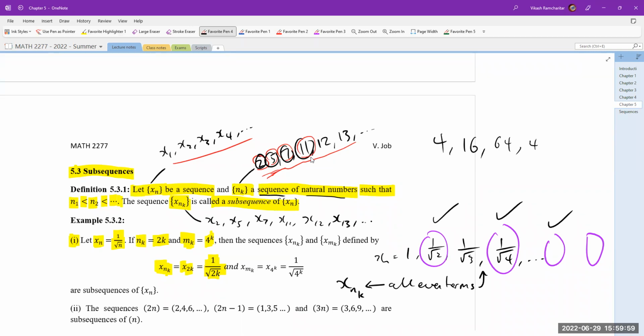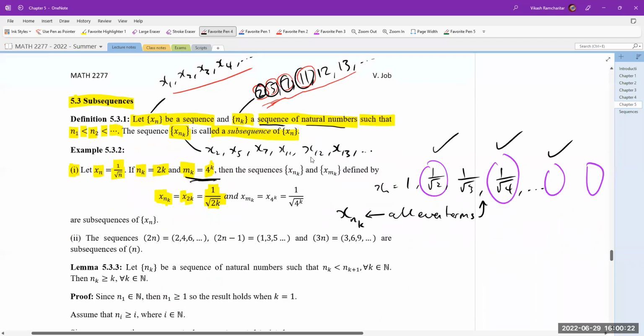And then whatever is 4 to the power of 4 and so on. Anyway, you can work it out. So that's what this other sequence is picking out, right? So all of these are subsequences.